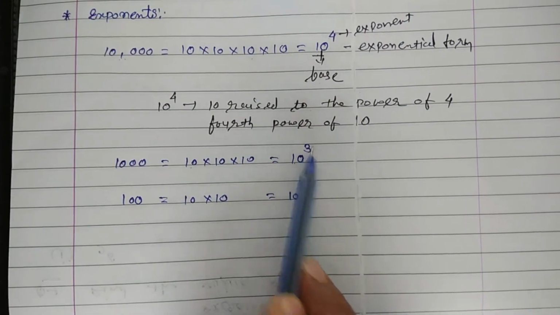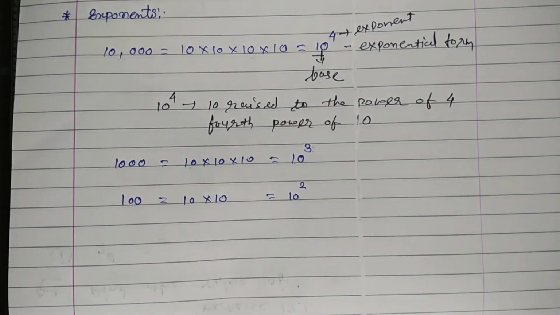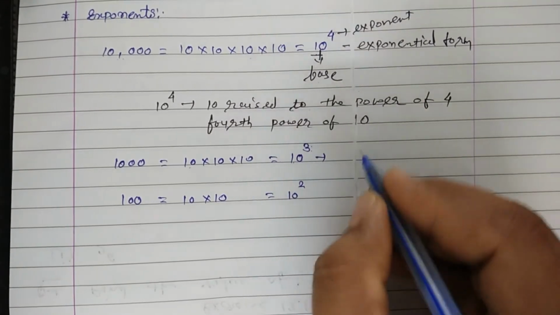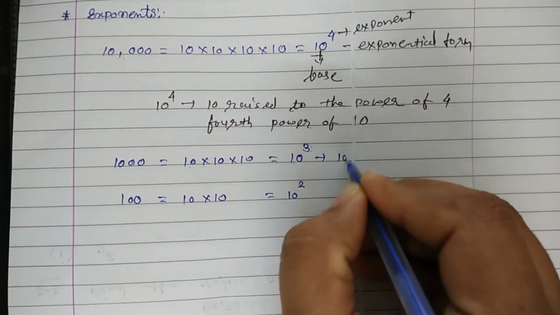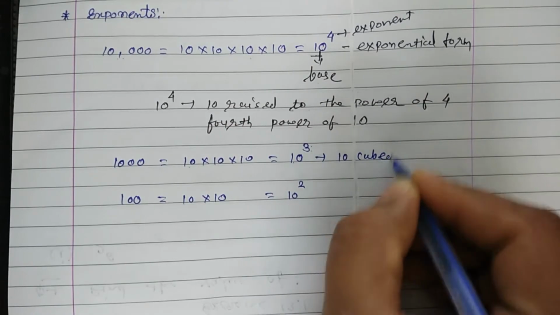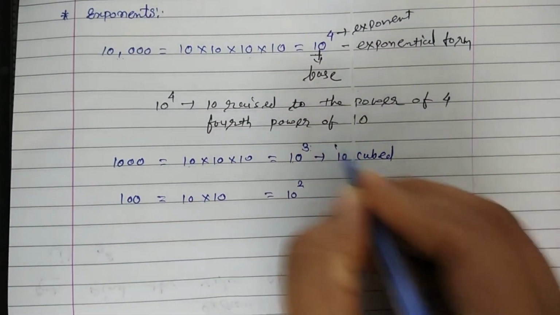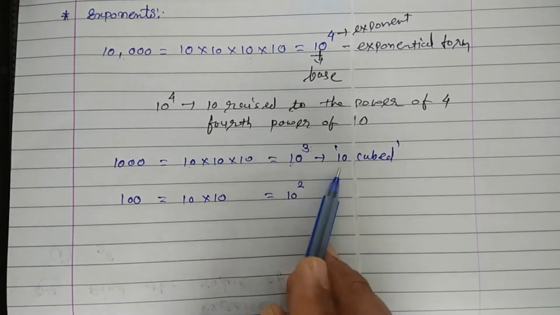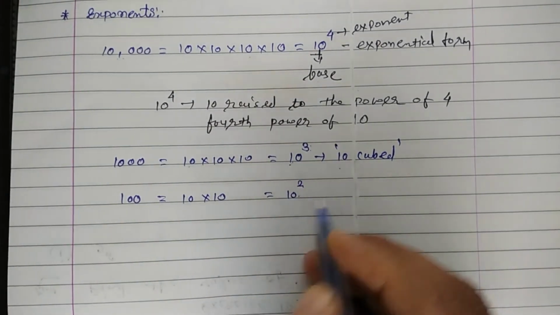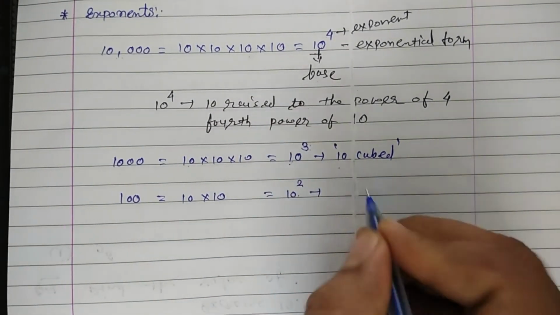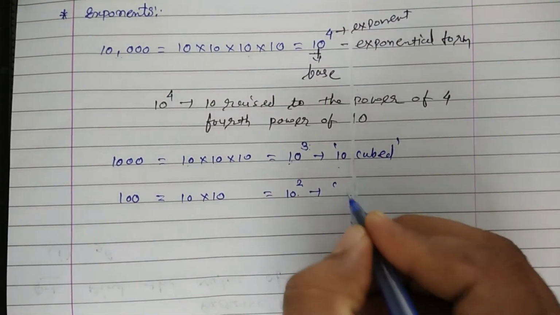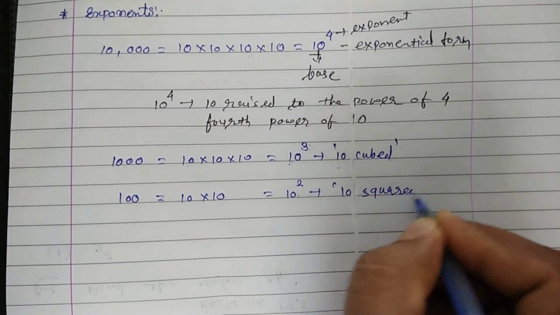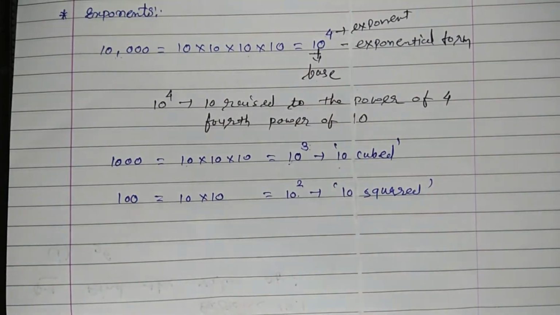For these powers 3 and 2, we have a special name. We read 10 raised to the power of 3 as 10 cubed. 10 raised to the power of 2, we can read it as 10 squared.